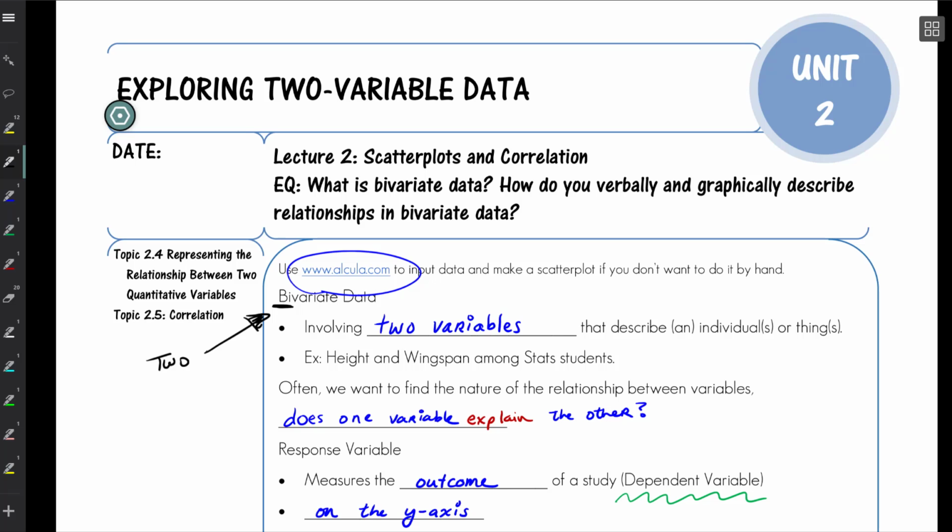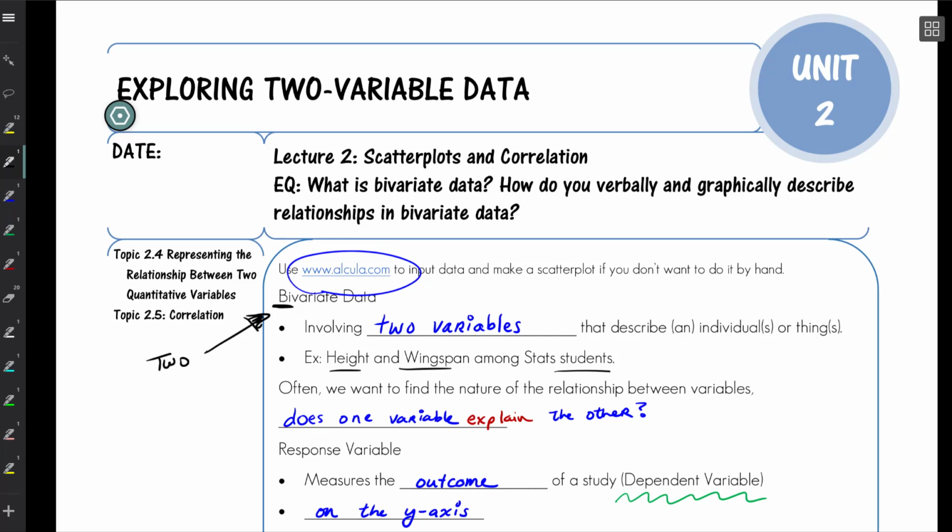An example might be height and wingspan among stats students. So we would want to make sure we understand that each individual is going to have a measurement for each, height and wingspan.